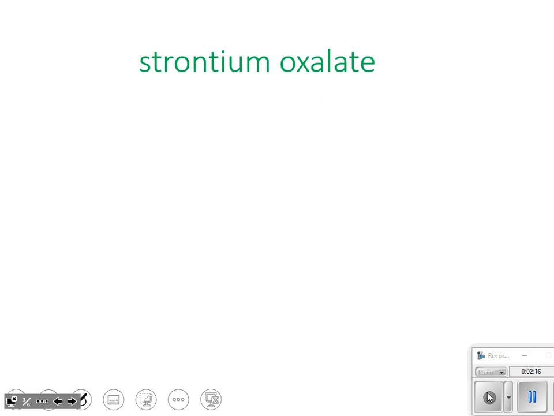My next one, strontium oxalate. I don't see a Roman numeral, so that's telling me that strontium is not multivalent. Strontium is an alkaline earth metal, so I can see that strontium is Sr, and it's going to be 2+. Once again, oxalate, I see that ATE ending.